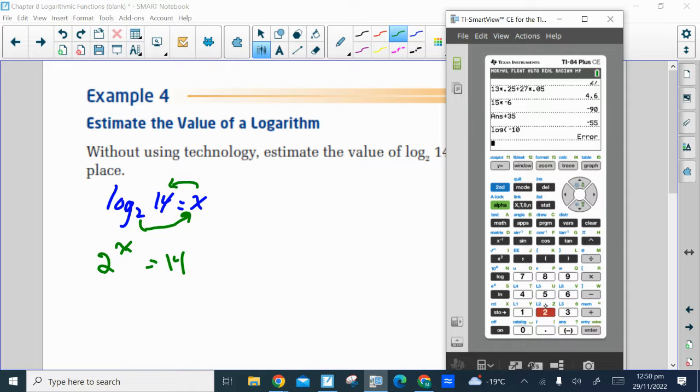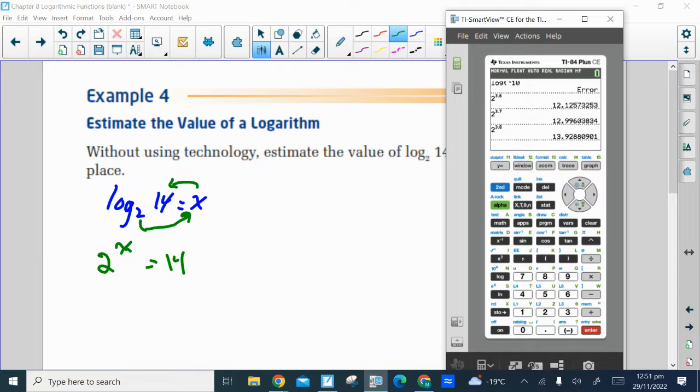So if we went 2 to the power 3.6, not 14, obviously, not greater than 14, less than 14. But if we went 2 to the power 3.7, closer, but let's see if we can go higher. 2 to the power 3.8.